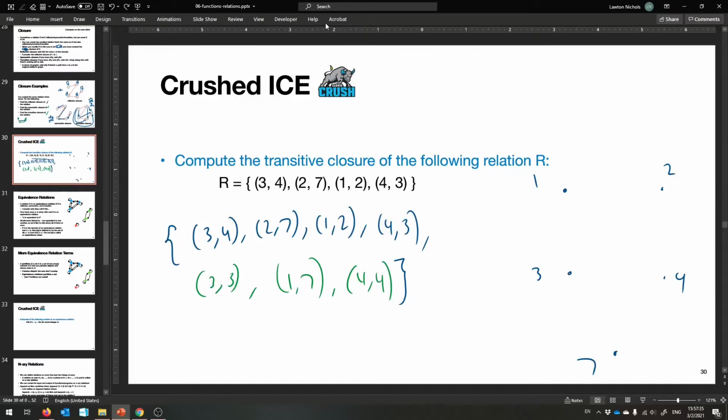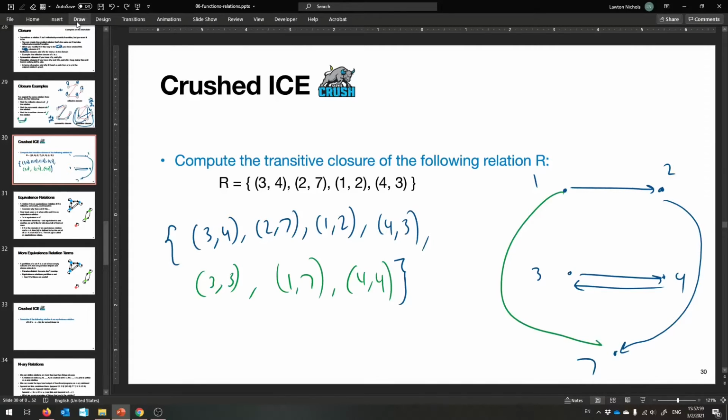Originally, I'm just going to draw the original one, 3, 4, 2, 7, that's getting ugly, sorry, and 1, 2, and 4, 3. Bam. So now, I think the graphical form is easier, because now you can tell, it makes sense. I can go here and then here. I need to add 1, 7, definitely.